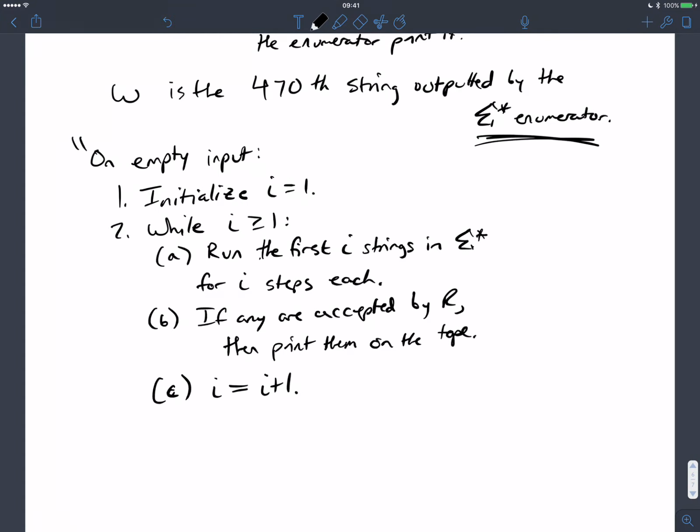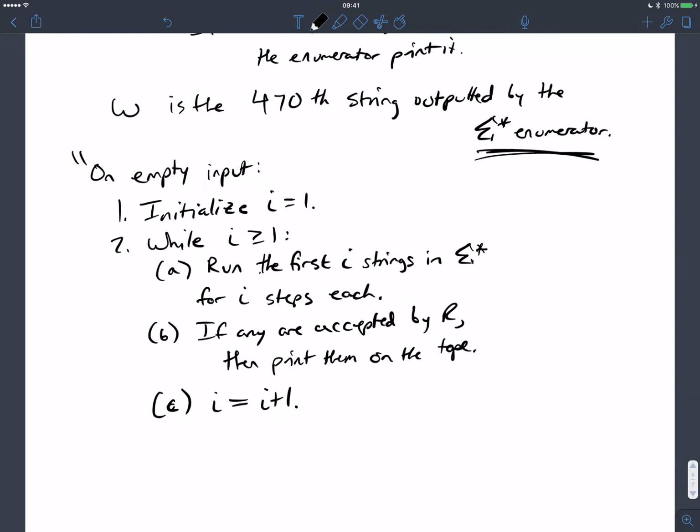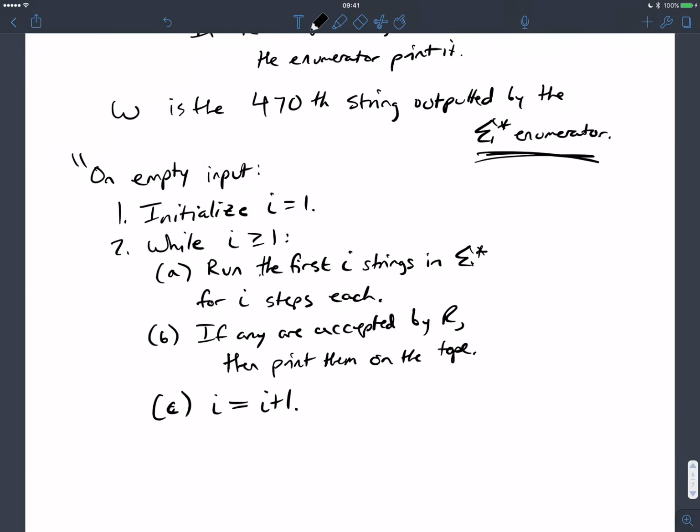So it works certainly for the strings in the language of the recognizer, but what about the strings not in the language of the recognizer? Will I ever print them on the tape? No, because the only way I could print a string on the tape is if the recognizer accepts that string.